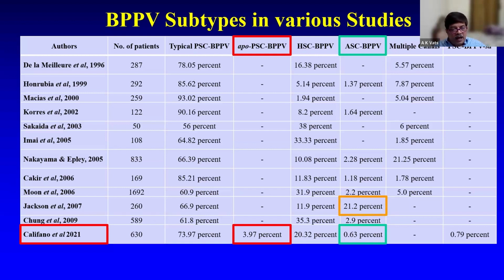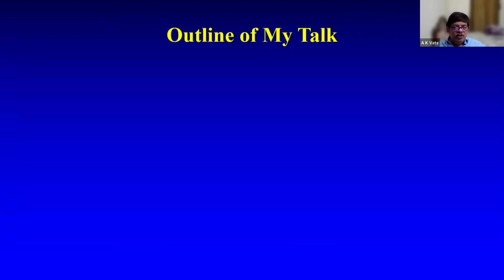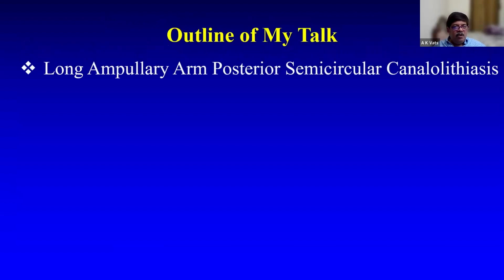The high incidence of 21.2 shown in Jackson et al. in 2007 could be because many of the cases of apogeotropic posterior semicircular canal BPPV were included in this mistakenly. So the outline of my talk is long ampullary arm posterior semicircular canalolithiasis.